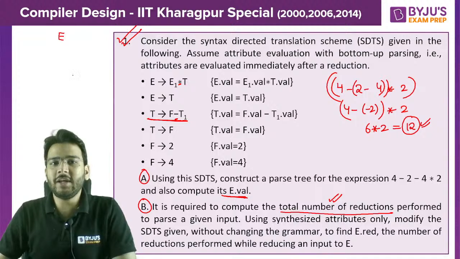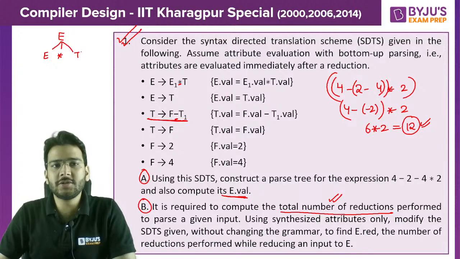According to this given expression, how can we construct the parse tree here? First of all, we can have this E here, and then this star here, then this T here, correct? Now from E I can get T, and from T I can get F. Now here it is minus and here it is T. Clear?